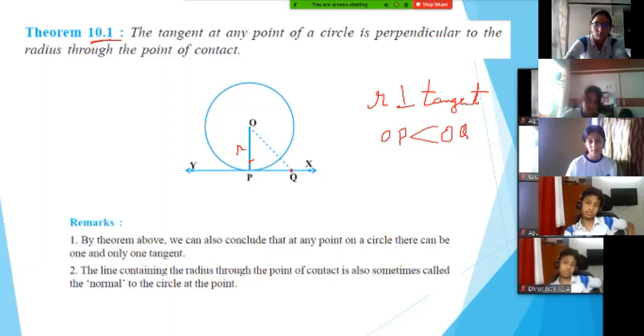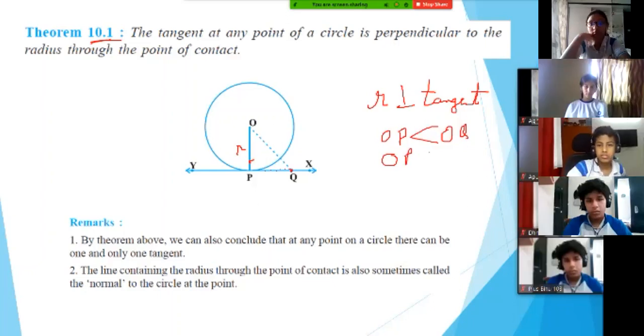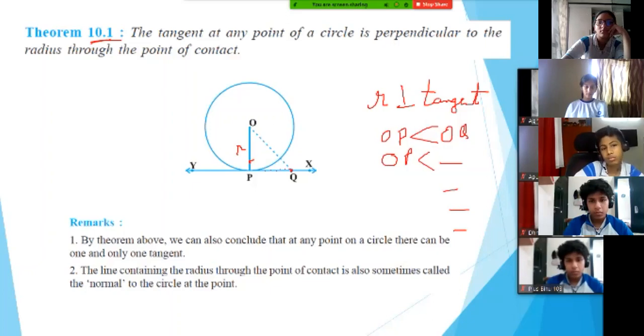Then in such a case, can I say, since OP is less than OQ, you take any points, many points near to it, still every time OQ will be greater than OP for all the points you have taken. In that sense, we can easily say that OP is the shortest distance between O and the tangent.